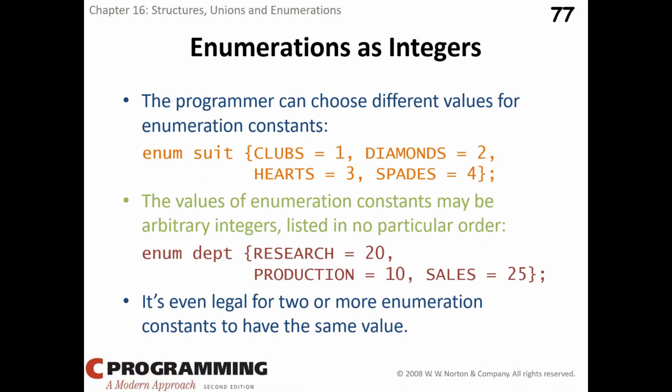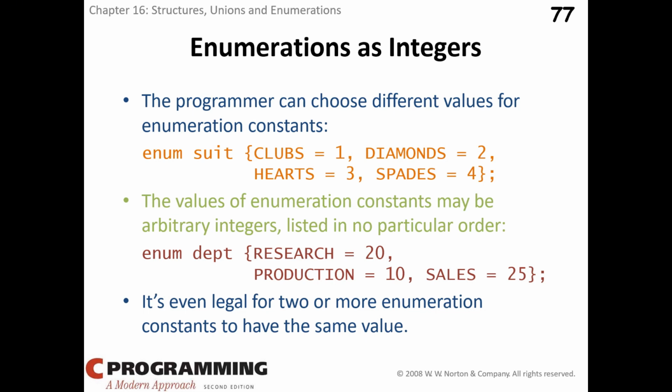In C, you also have the flexibility to assign specific integer values to enumeration constants. For instance, as we can see in the slide, you can explicitly assign different integer values to each enumeration constant. Here clubs is assigned the integer value 1, diamonds is 2, hearts is 3, and spades is 4.